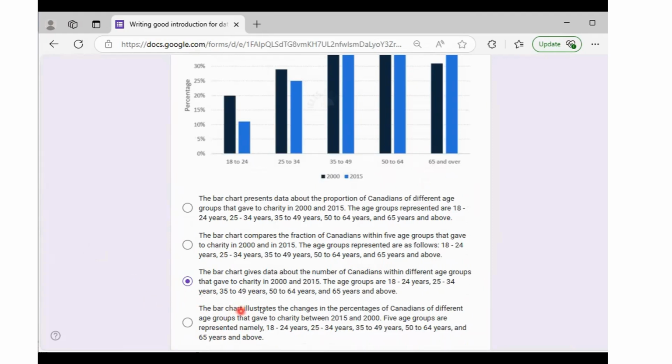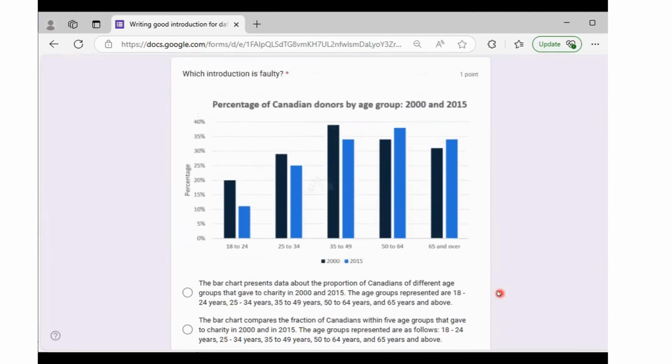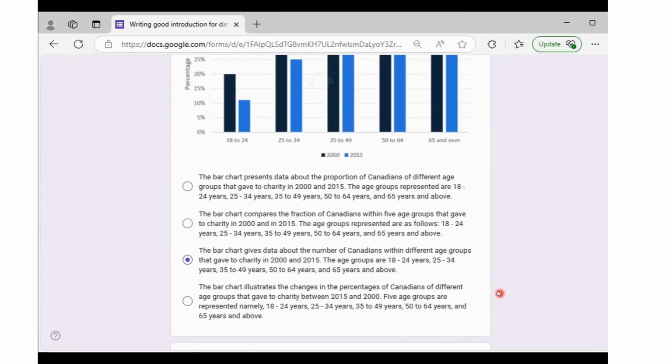Number 4 says the bar chart illustrates the changes in the percentages of Canadians of different age groups that gave to charity between 2015 and 2000. Hold on. The question says, which introduction is faulty?